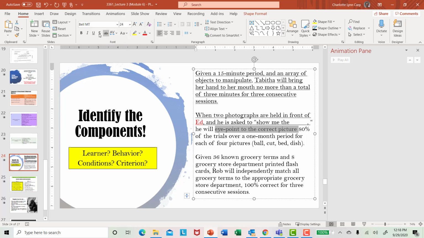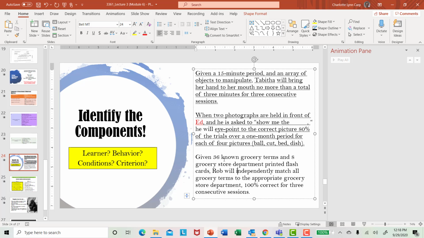Our learner is Ed, so we got our learner right there, and then I point to the correct picture. So this is the behavior that we need him to engage in, and then he needs to do that 80% of the trials over a 1-month period for each of the 4 pictures for us to say that this objective is correct. So this is a criterion at the end.